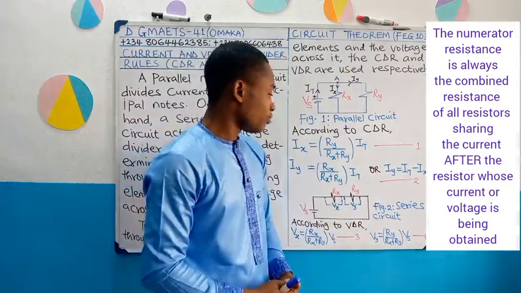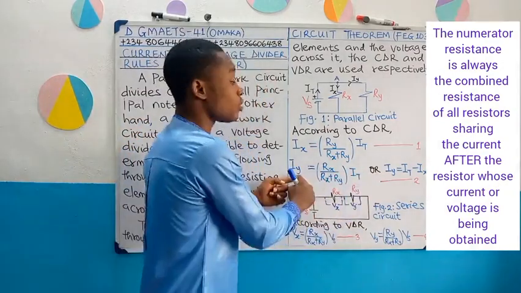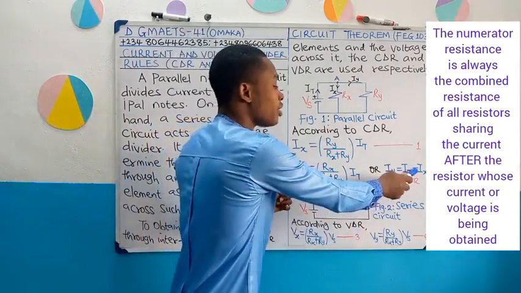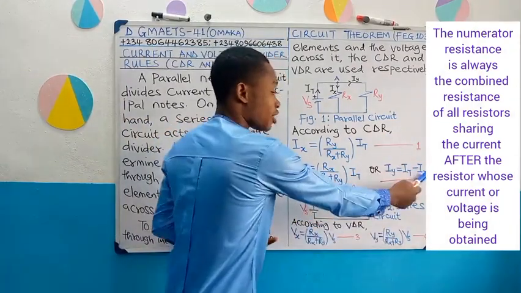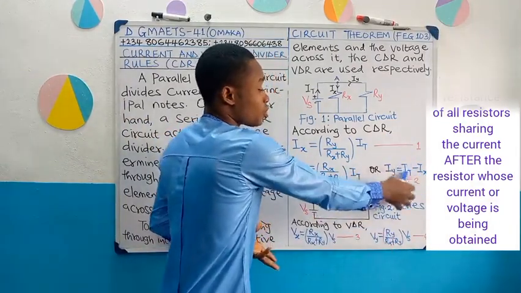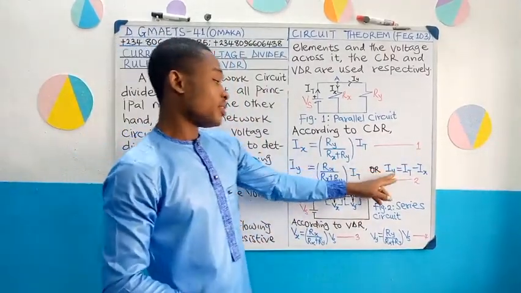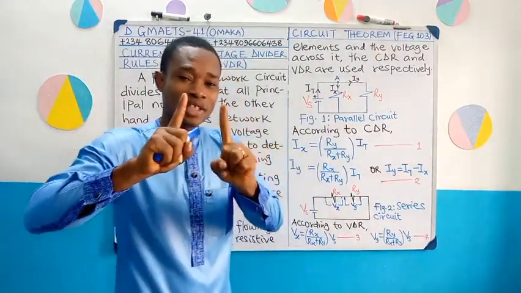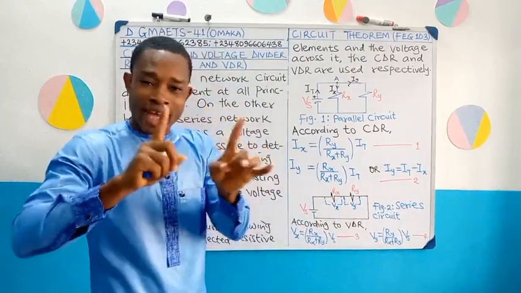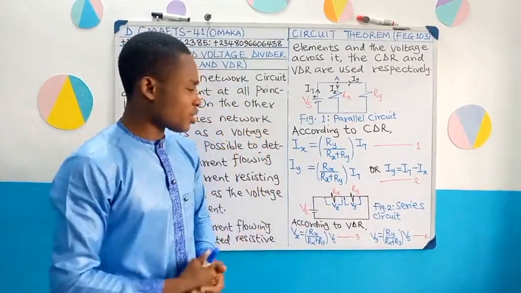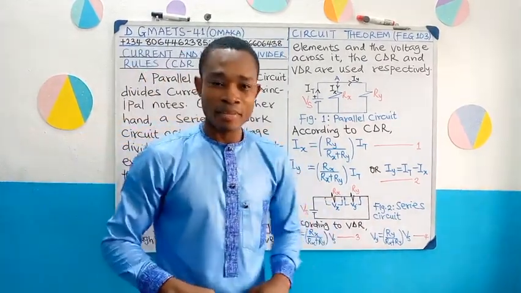That gives us equation 2, though I've written on the board here that I sub y could still be equal to I total minus I sub x. If you know I sub x already, you can actually use the total current to obtain I sub y. However, this formula is used when you deal with simply two resistive elements. We're going to see all of this as we move on in this topic.